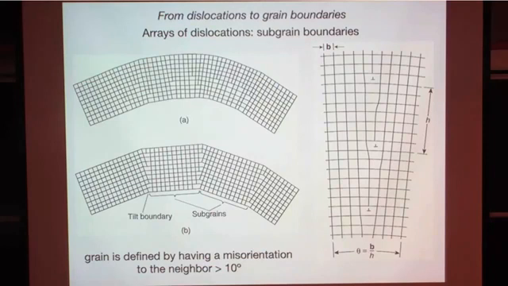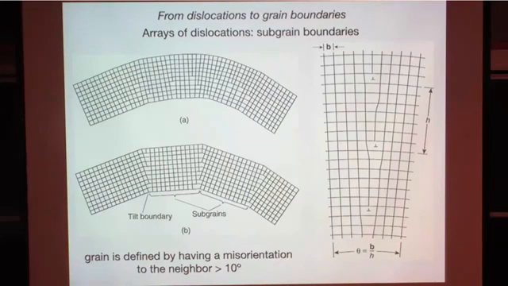If you calculate for larger misorientations, the energy doesn't change very much anymore. You get the greatest energy penalty when you start putting in the initial misorientations to generate subgrain boundaries. By the time you're at 10 degrees or larger, there isn't much energetic difference anymore for the grain boundary. So we say anything that has a misorientation more than 10 degrees, although it could be 12 degrees or something like that. That's not a fixed number. But that defines a grain boundary.